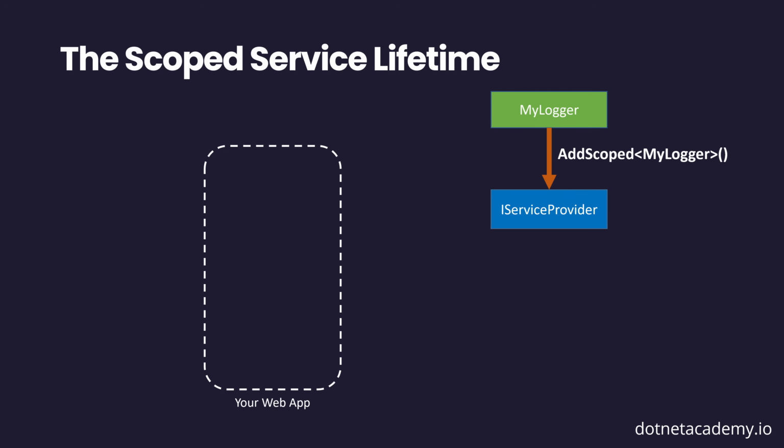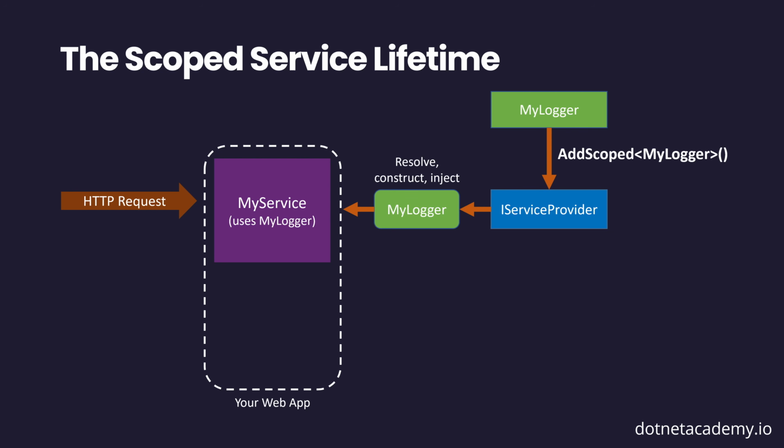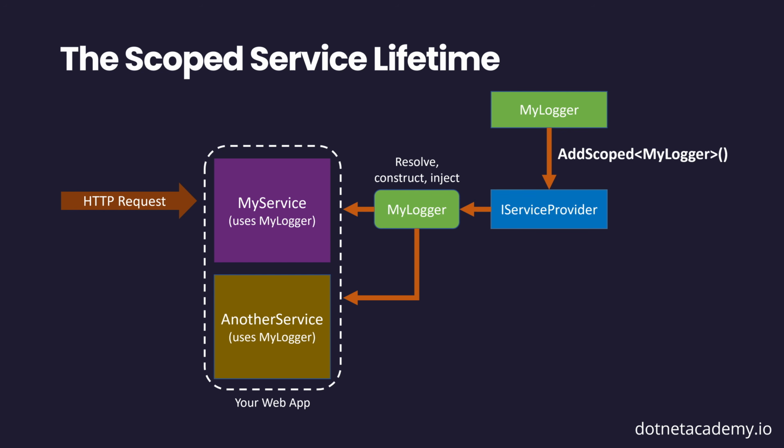Here, when an HTTP request arrives, the IServiceProvider will resolve, construct, and inject a new instance of myLogger into myService. But if there is any other service that participates in that same HTTP request and that also has a dependency on myLogger, it will receive the exact same instance of this dependency.